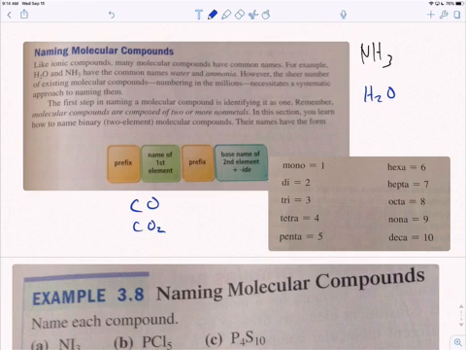Acetic, like acetic acid, is actually a common name. The real proper name is ethanoic acid for 2 carbons, ethanol. Another one, vitamin C. Vitamin C is the common name for ascorbic acid. Ascorbic acid is a common name. I don't know what ascorbic acid's official name is.